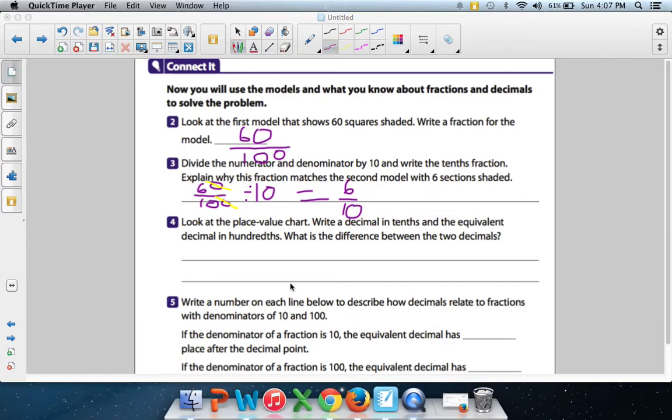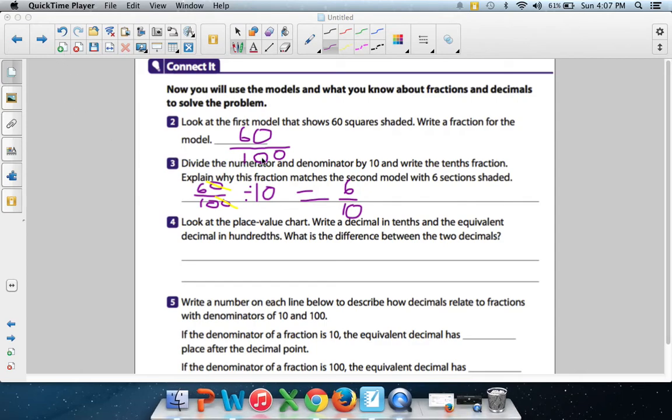They ask us to explain why that matches the 6 section shaded. Well, we both know that 6/10 is the same thing as 60/100. That's because they fill up the same space. The only differences are the invisible zeros and the size of the pieces that you shade. But you should remember this from last week. This should not be brand new stuff.